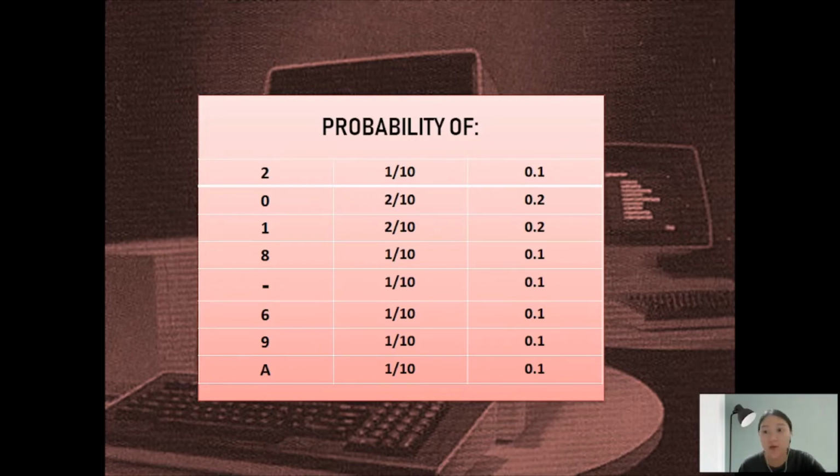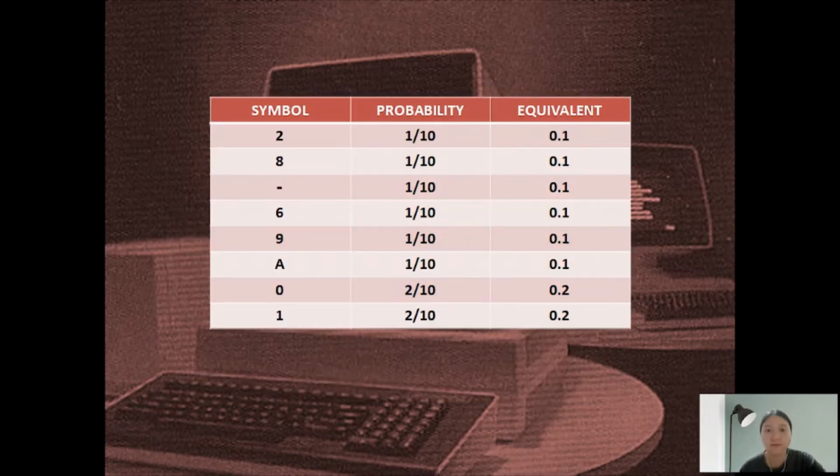The remaining variables, 8, 6, 9, and A, have a probability of 1 out of 10, or 0.1. This is the arrangement of the variables in chronological order based on their probabilities.